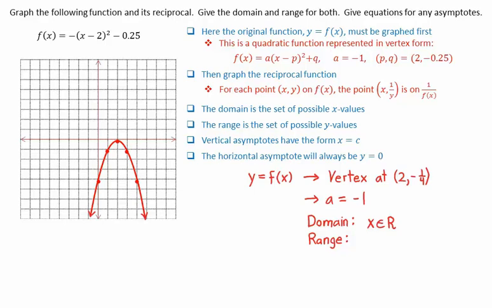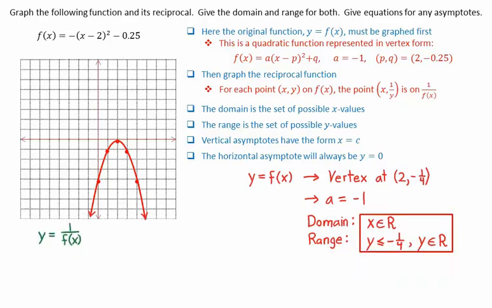This means that the vertex corresponds to a maximum value. We then have a range of y less than or equal to -1/4. Note -1/4 is the y value of the vertex, and y is an element of the set of real numbers.